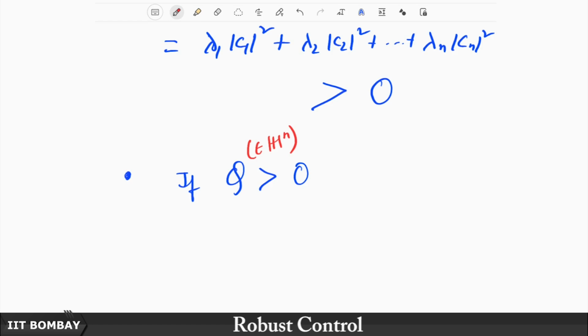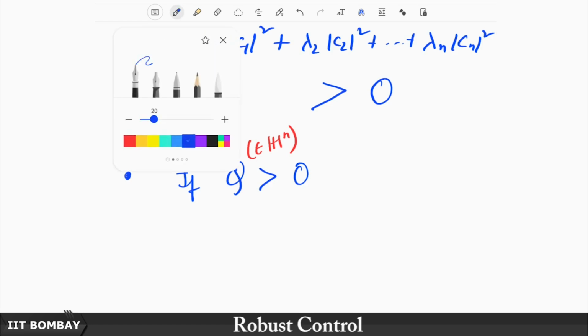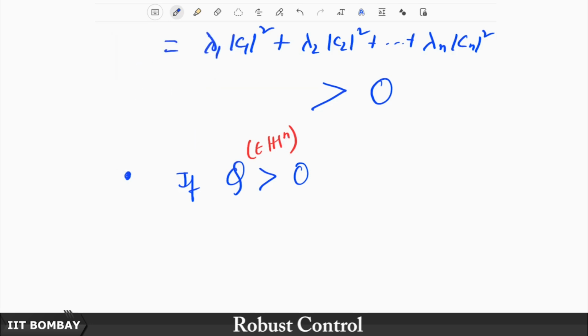I will not be mentioning this every now and then, but you should understand it from the context that whenever we are using these signs, greater than, greater than or equal to, less than, or less than or equal to, they are only admissible in the context of matrices or their sign definiteness if we have Hermitian matrices, otherwise it makes no sense.